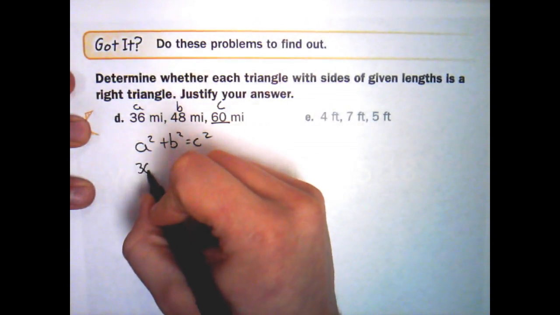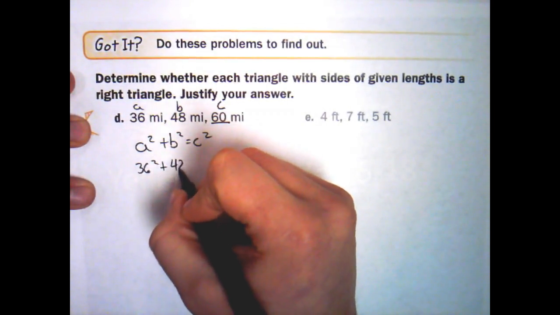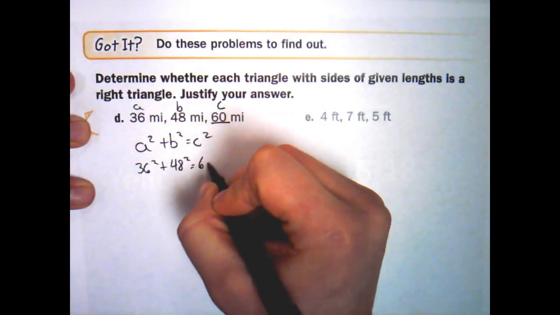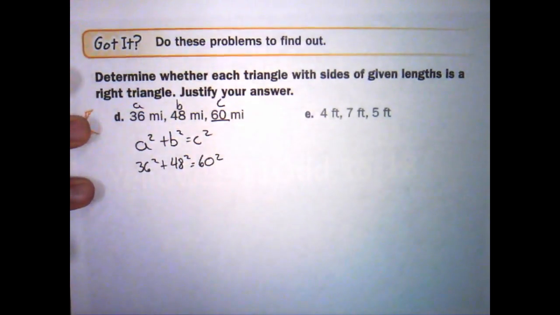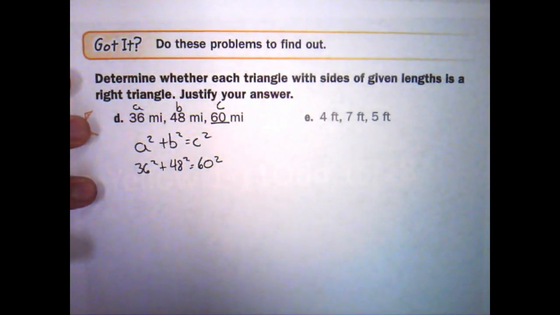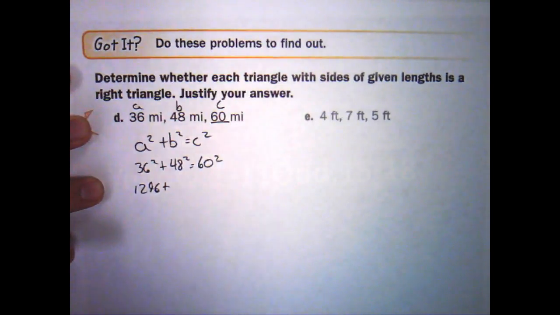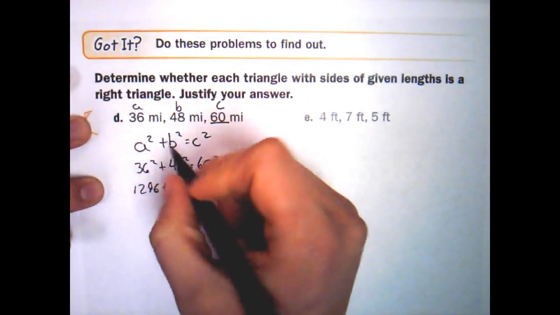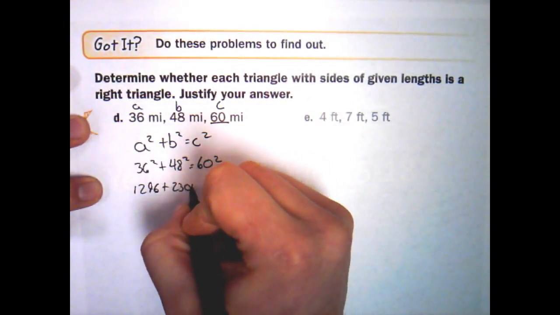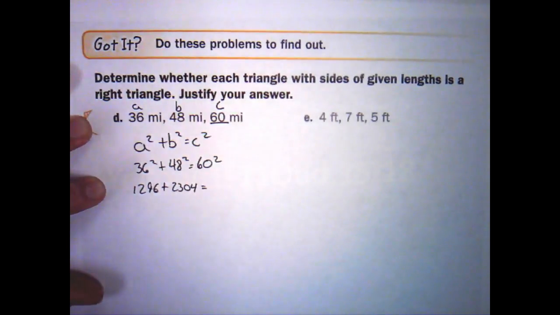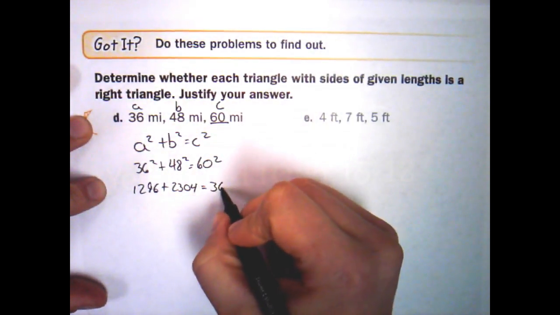So here I have 36 squared plus 48 squared is equal to 60 squared. Okay, 36 squared is 1296 plus 48 squared, which is 2304. And is that equal to 60 squared, which is 3600?